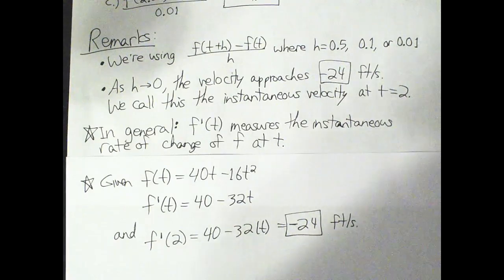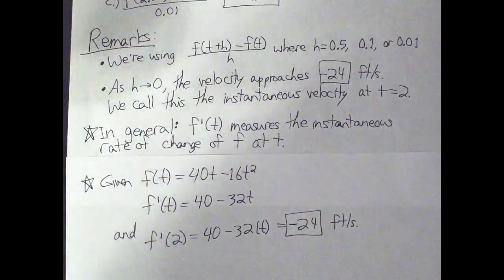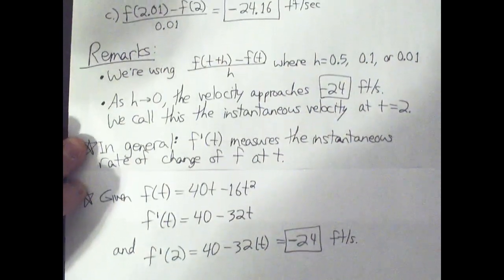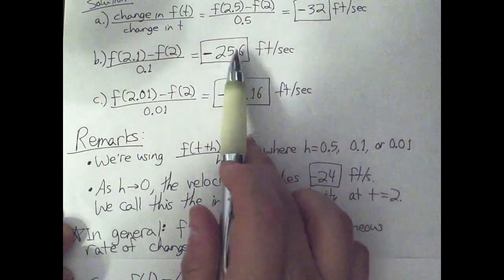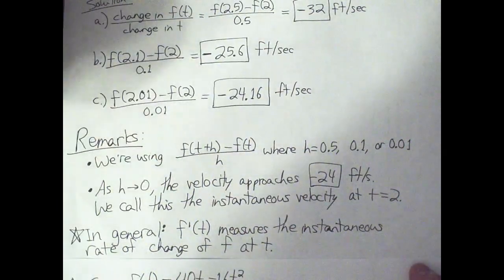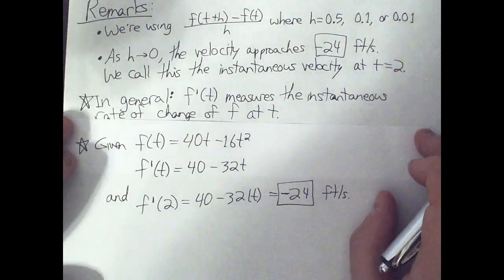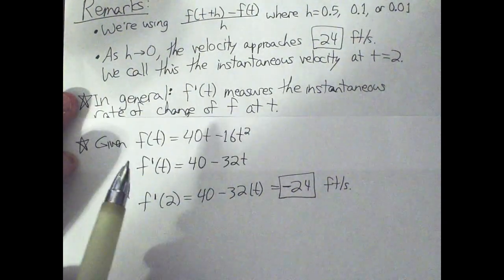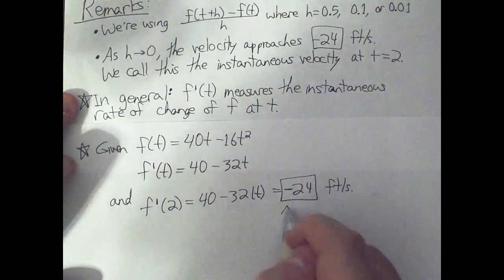So it looks like we're able to do this without writing the difference quotient and without writing the limit as h goes to 0. And the earlier way that we talked about average velocity over a length of time, that's fine if you want to know the average velocity over a length of time. But if you want to know the instantaneous velocity at t equals 2, that's what this is.